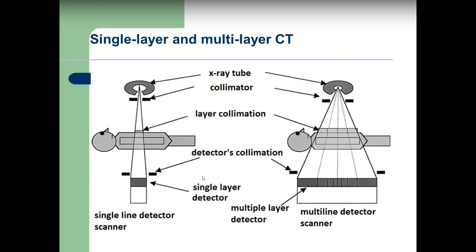Conventional CT, single slice CT, you can see the principle in the left picture, obtains image data one slice at a time. The patient holds his or her breath, a slice is taken, the patient breathes, the table moves, and the sequence is repeated.